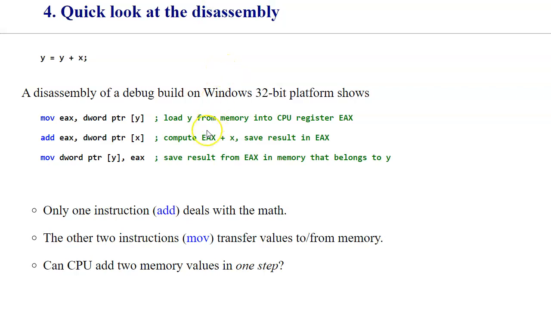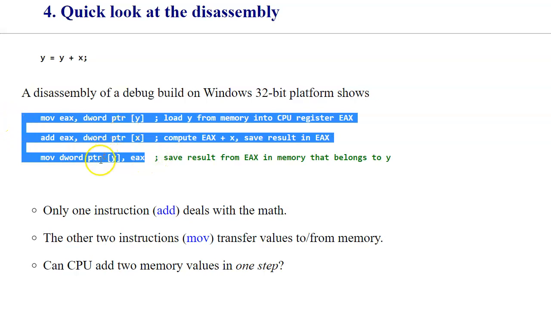If we run a debug version of our program and stop in the debug environment, we can go to disassembly and visualize the actual instructions. It's an interesting observation that only one instruction, add, deals with the math. This is the actual addition. The rest of the instructions move, or transfer, values to and from memory to realize this computation.